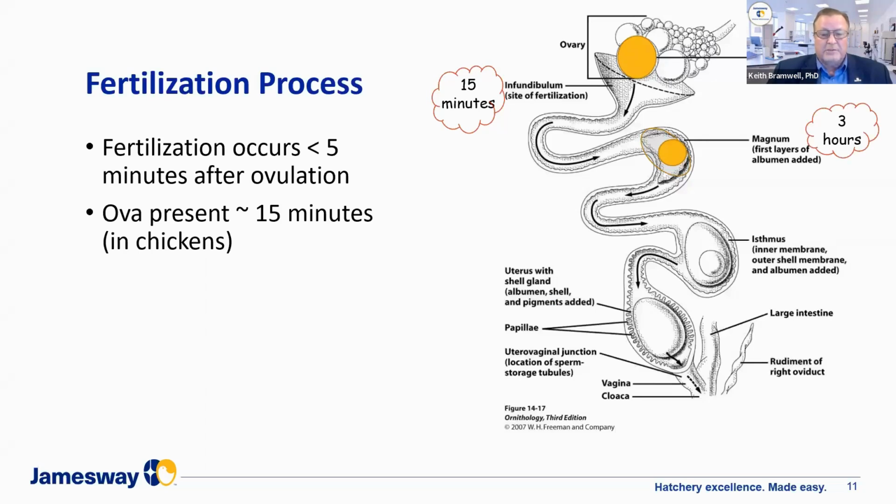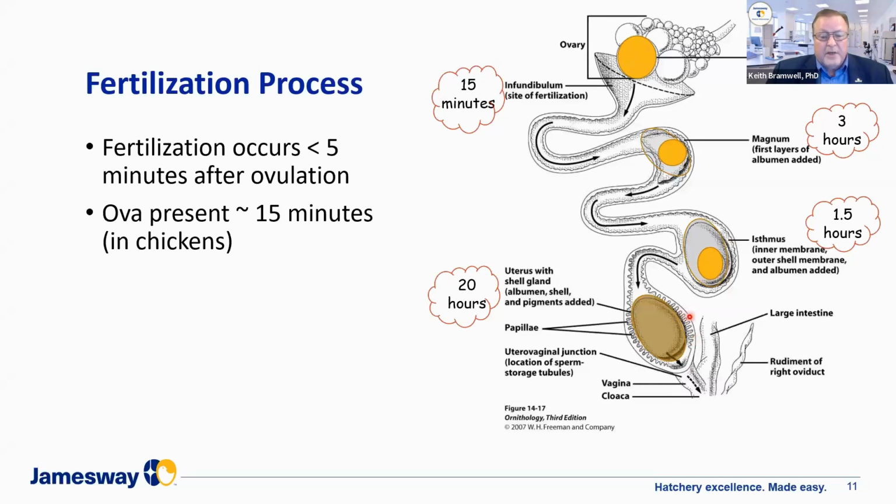That takes about 3 hours, then it passes down the oviduct to the isthmus, where the inner and outer shell membranes and albumin are added, plumping, as it's called, to get water to that dense albumin. That occurs in about an hour and a half. Then it goes to the shell gland, and it will be in the shell gland roughly 20 hours, getting the shell formed.